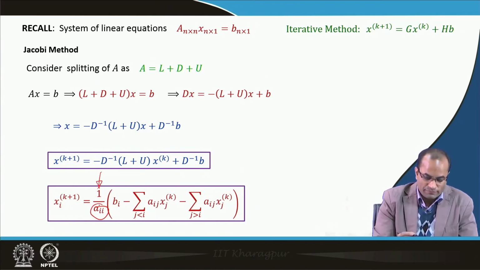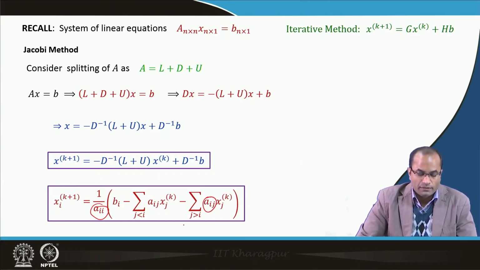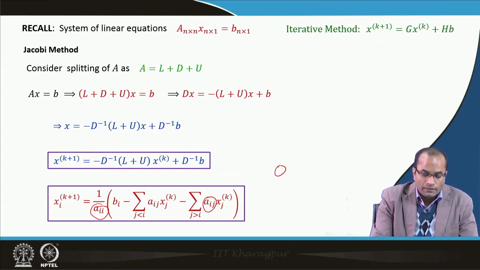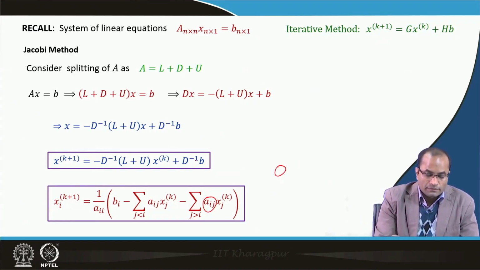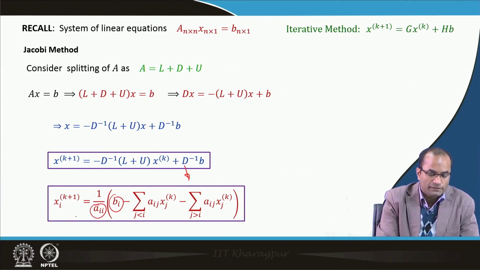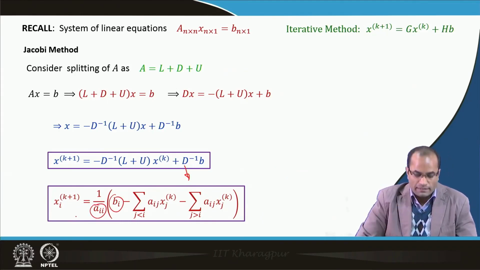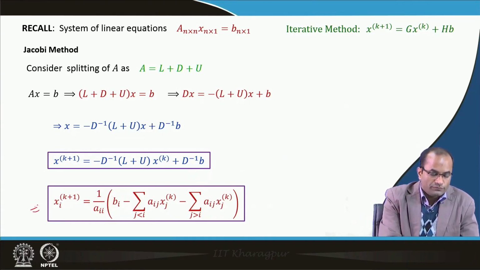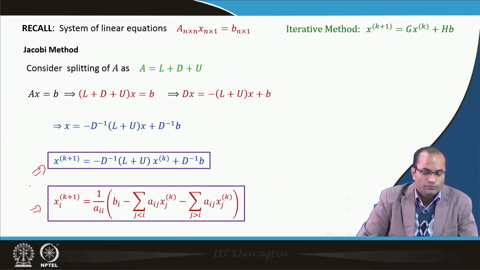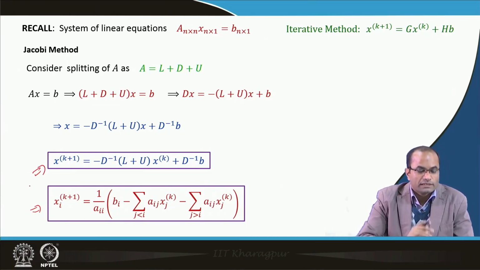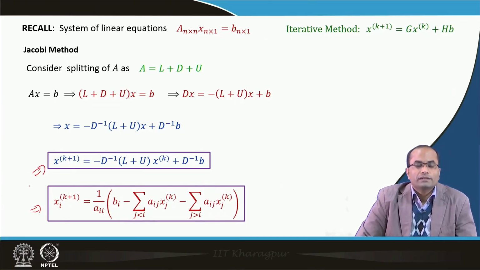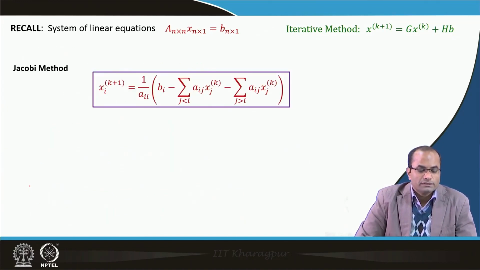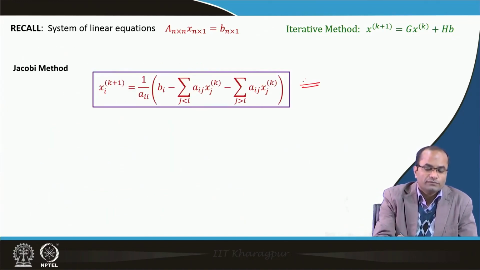So, here also we have this a i i, and also at this place we will get this a i i, and this D inverse b will be again this b i vector divided by these diagonal entries a i i. So, this is the component form, and here we have the vector matrix form of the Jacobi method.